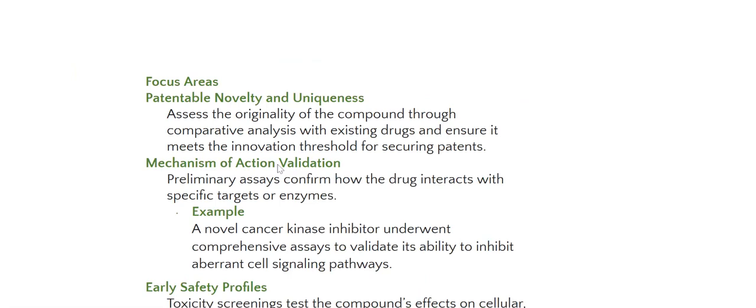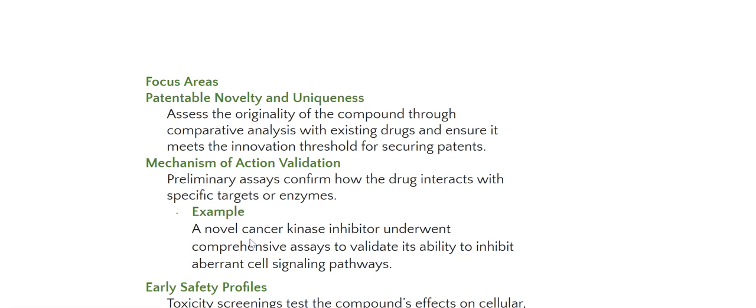Focus area of invention assessment: patentable novelty and uniqueness. Assess the originality of the compound through comparative analysis with existing drugs and ensure it meets the innovation threshold for securing patents. Mechanism of action validation: preliminary assays confirm how the drug interacts with specific targets or enzymes.